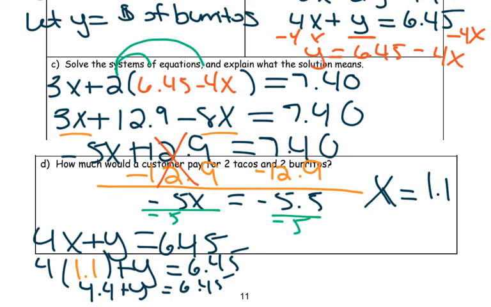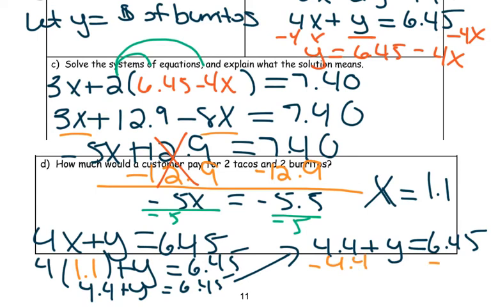I need more space, so if I just rewrite that, 4.4 plus y equals 6.45, I would subtract 4.4 from both sides. 4.4 gets canceled out here, and I would have y equals 6.45 minus 4.4, and that would give me 2.05.